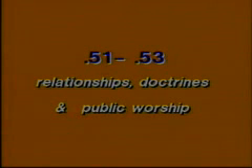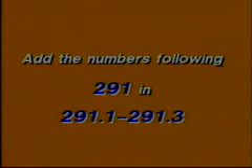Still our class number is not complete. We have to add the number for gods and goddesses. Under 294.5, the subdivision 0.51 to 0.53 stands for relationships, doctrines, public worship. Under this, there is instruction to add the numbers following 291 in 291.1 to 291.3.